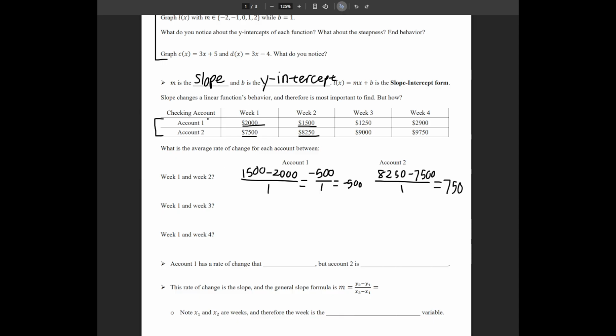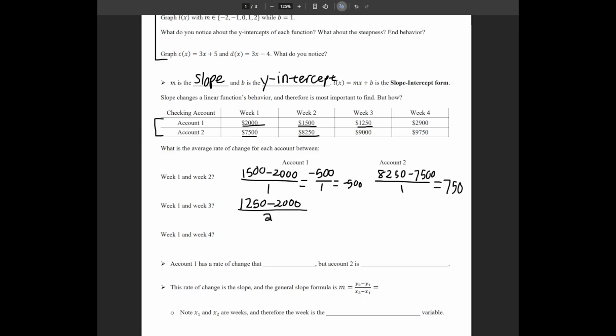In account number 1, we go from $2,000, and in week 3, we're at 1,250. So 1,250 minus 2,000. In this specific example, instead of going for just 1 week, we actually pass 2 weeks, so we would divide by 2 instead of 1.